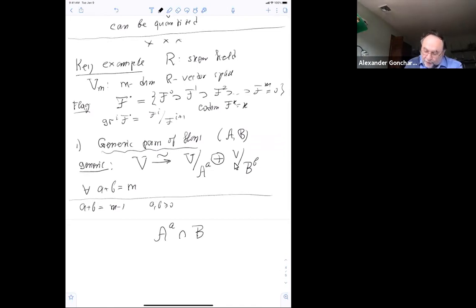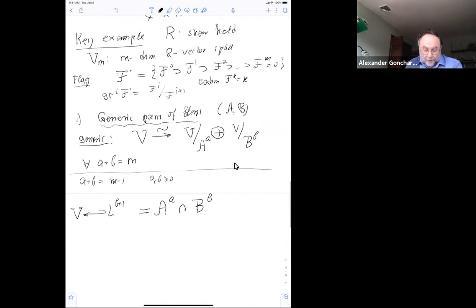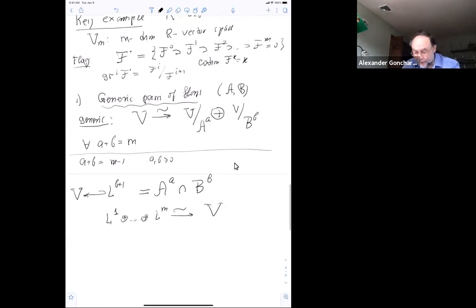Now, because of the condition I put, it's one-dimensional. So we call it L_{b+1}. It's a line. So it sits in our vector space. And if you consider the direct sum of these lines, then it maps, and actually isomorphically, to our vector space V. It's an easy exercise. It's equivalent to the fact that the pair is generic.